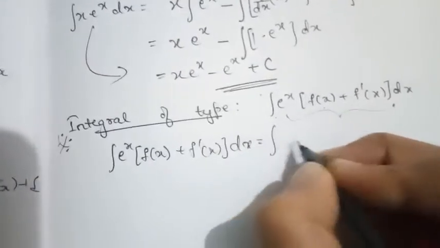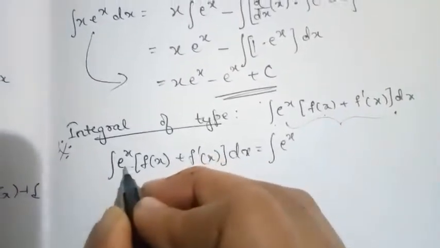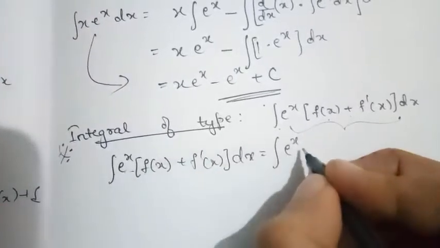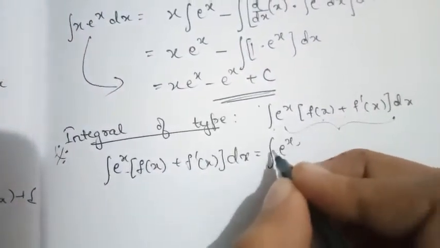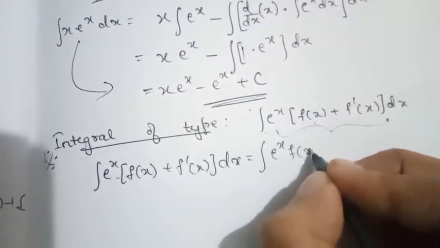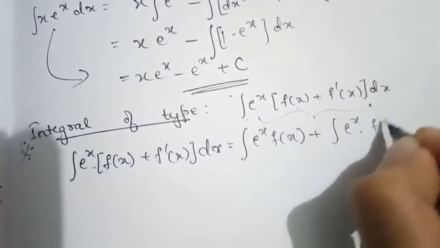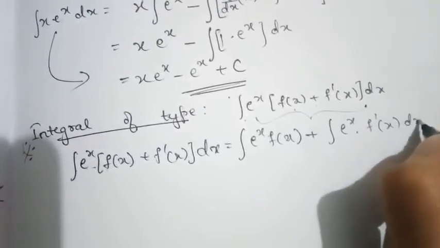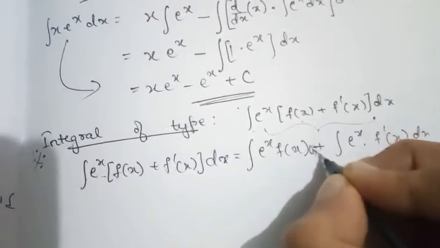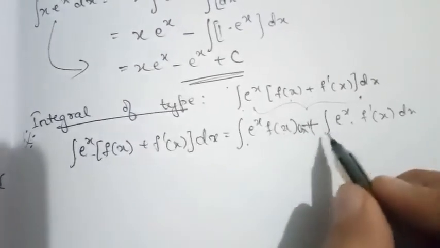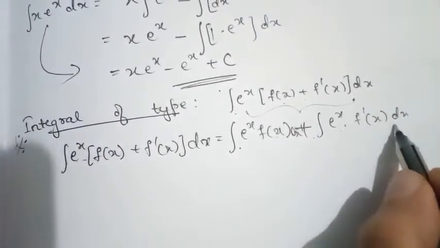According to the algebra of integrals, I multiply e power x with both terms, as well as the integral: integration of e power x into f of x plus integration of e power x into f dash of x dx.